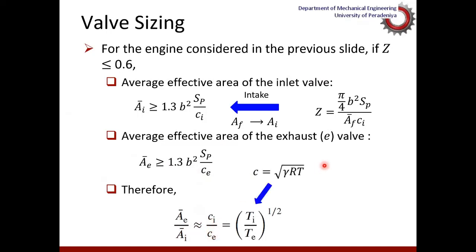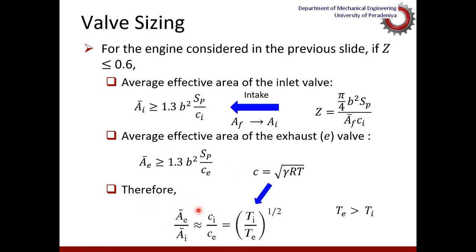And we know that C equals square root of gamma RT for ideal gases. Accordingly, the C's can be represented in terms of the square root of T. So the temperature ratio would govern the required area ratio, exhaust to intake. And if you look at this in a little more detail, we know that the temperature of exhaust gases is always higher than the temperature of intake gases.